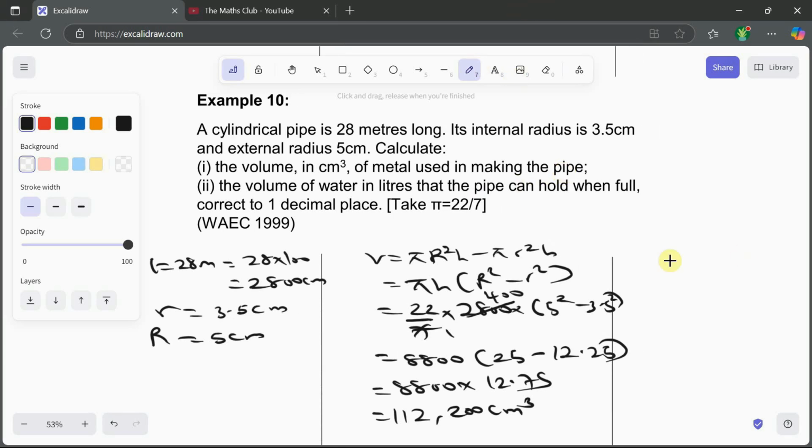So for the volume of water that the pipe can hold, if this is the big one and this is the small one, the only place that the water can enter is in this place here, which is the smaller one, right? So that's basically just finding pi r squared h, because it's only in this hollow place that the pipe can hold water. It can't hold water in these solid parts.